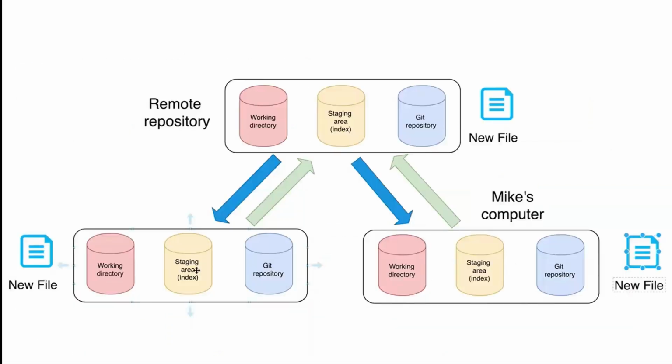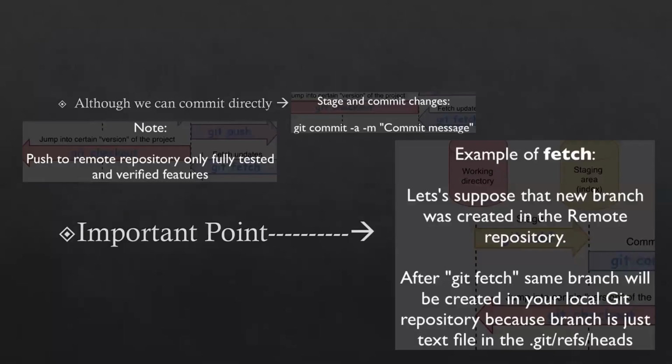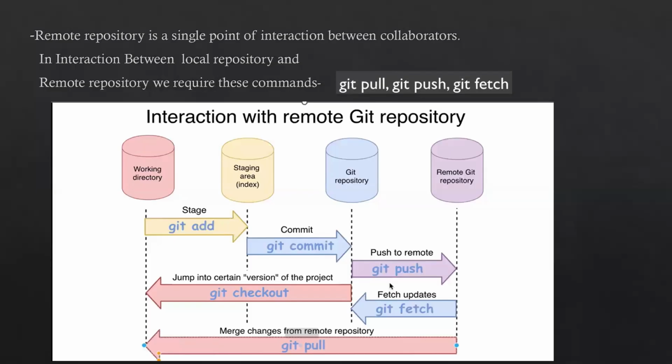Okay, so here the new file is shared among three places: my computer, the remote repository, and Mike's computer. So I explained this concept. Here, the remote repository is a single point of interaction between collaborators.